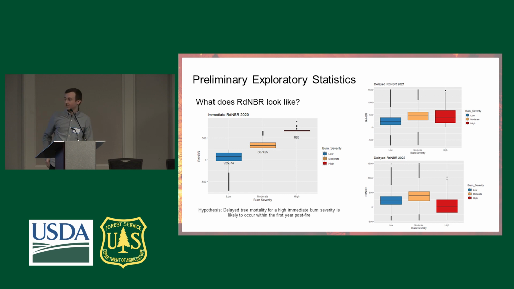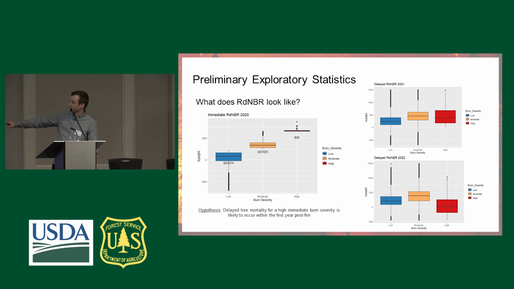We can also look at RD-MBR values by burn severity. Like I mentioned, I don't have a lot of values in the high burn severity range. If we break it up into delayed 2021 and delayed 2022, we can see some interesting trends. For delayed mortality in 2021, they're all above 0, so delayed mortality is occurring in each group.